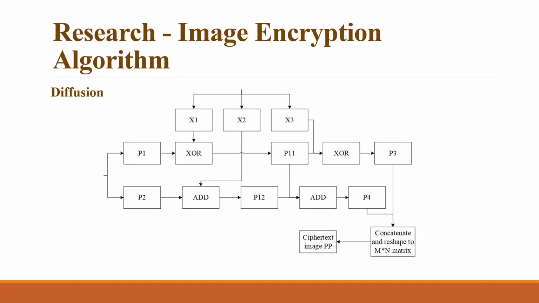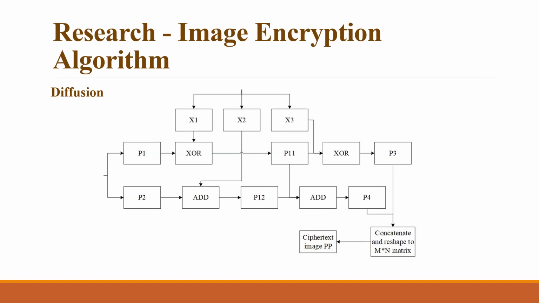The execution order of the proposed diffusion encryption algorithm is: first, divide the matrix into two equal-length one-dimensional matrices P1 and P2. Secondly, XOR P1 and the chaotic sequence X1. Thirdly, add P2 and the chaotic sequence X2. Next, add the results of step 2 and step 3, and then XOR the result of step 2 and the chaotic sequence X3.